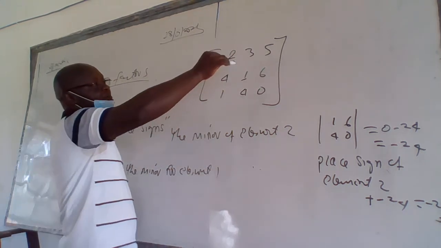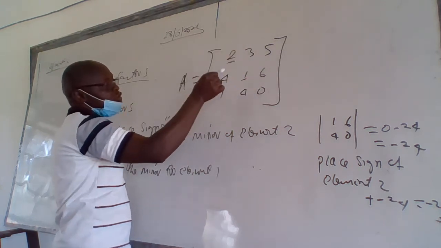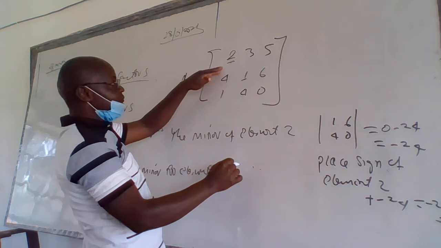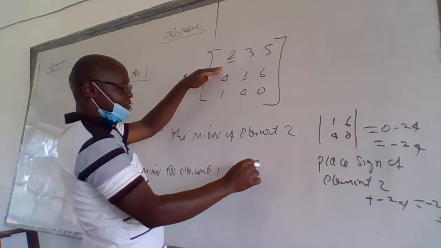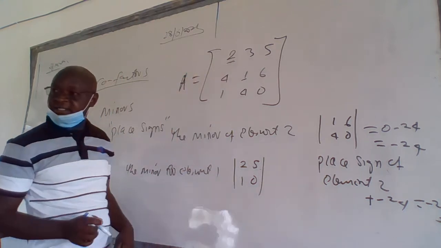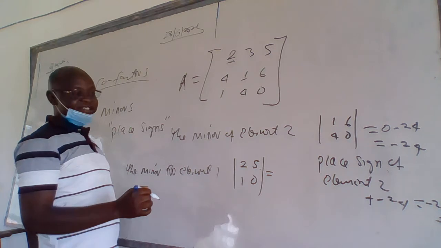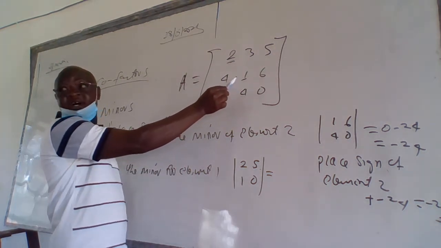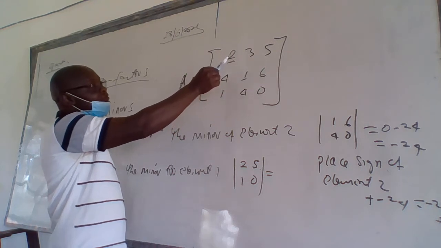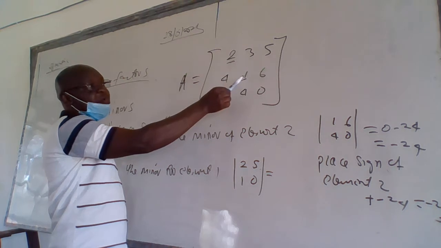The minor for element 1 will block that column and that row so that we have 2, 5, 1, 0. Let us start with the place sign for 1. So we have positive, negative, positive.